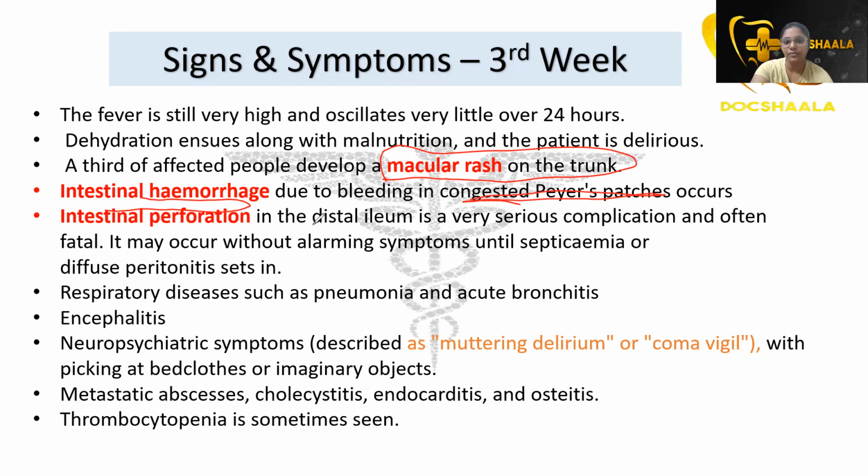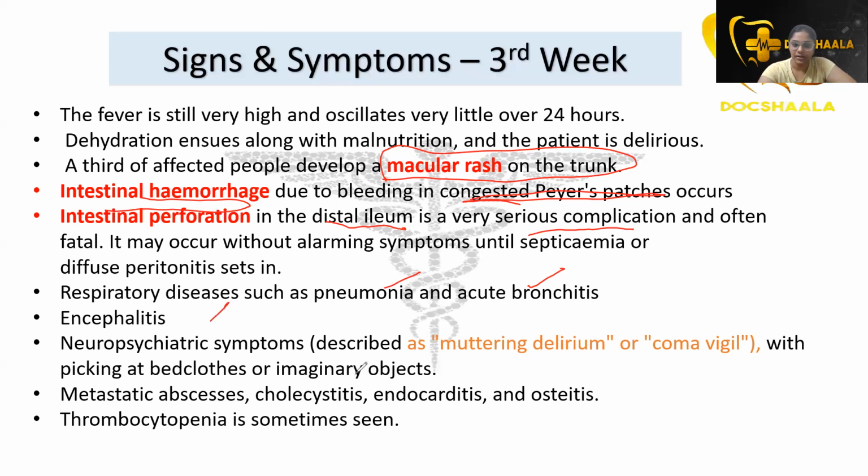Intestinal perforation in the distal ileum is a very serious complication, and it is often fatal. It may occur without alarming symptoms until septicemia or diffuse peritonitis is seen. Respiratory diseases such as pneumonia and acute bronchitis may be seen.